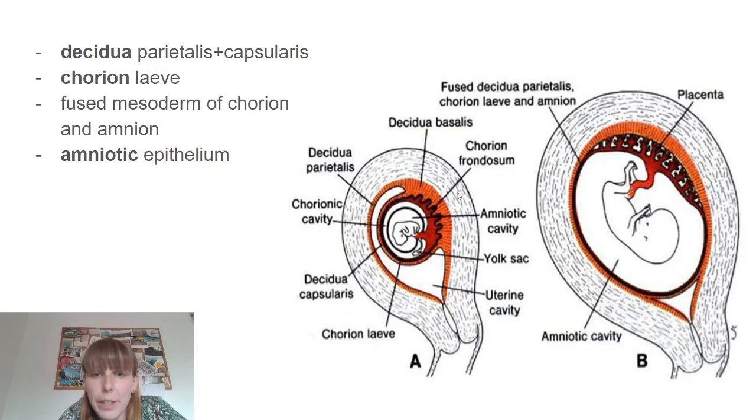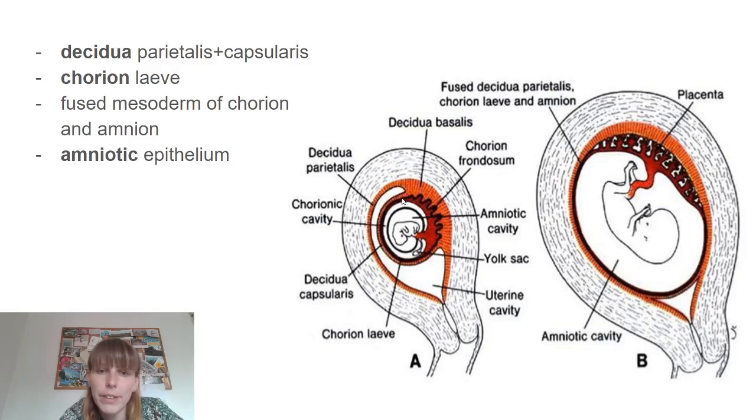So once again to review this part of the wall of the fetal membranes, it's decidua, so the maternal part, decidua parietalis and capsularis, these two fused.